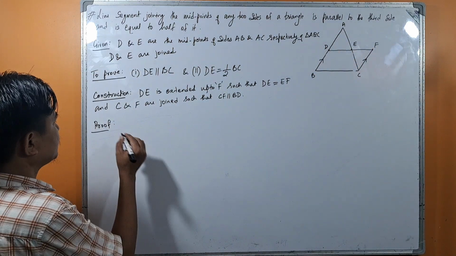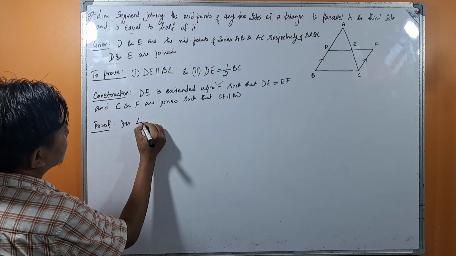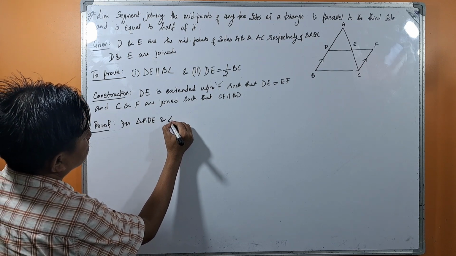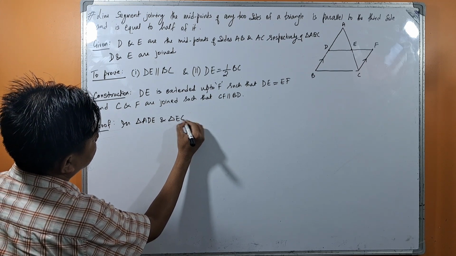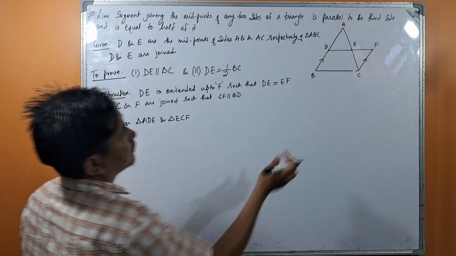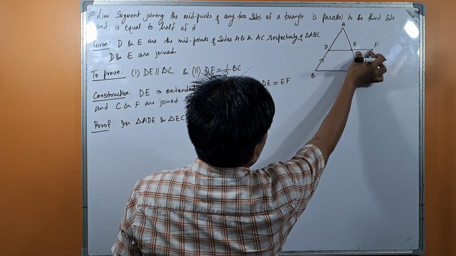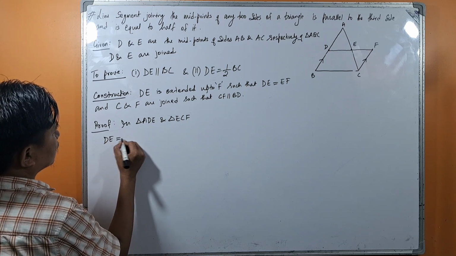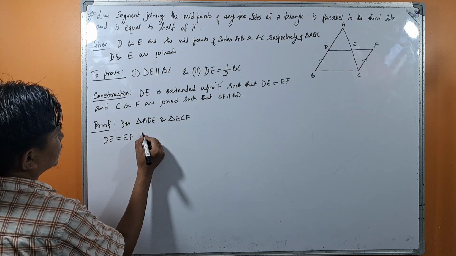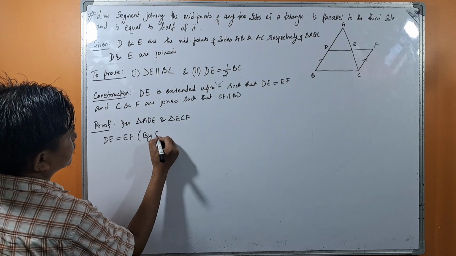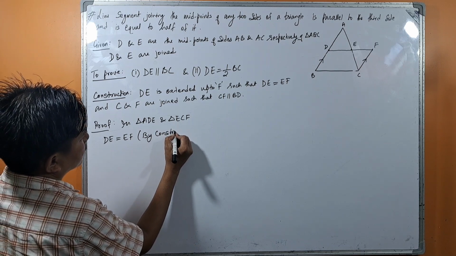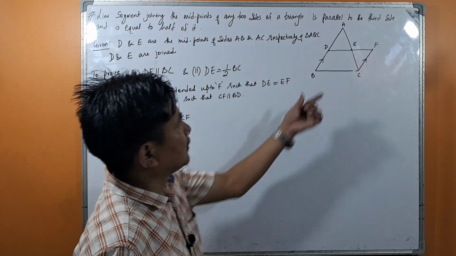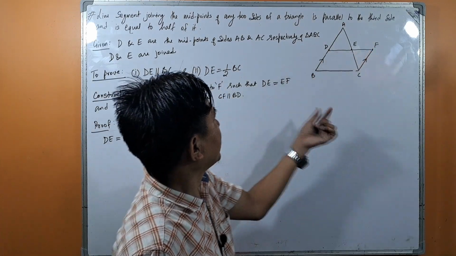So in triangle ADE and triangle ECF, we have DE and EF equal, isn't it? DE equal to EF. This is by construction.